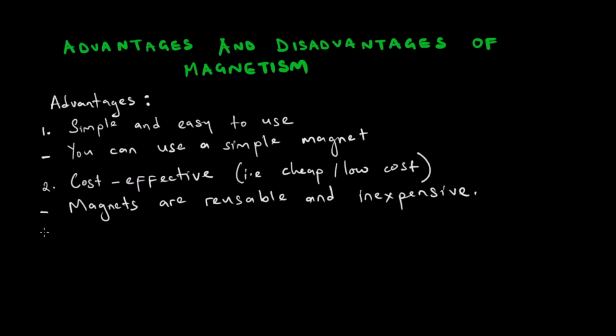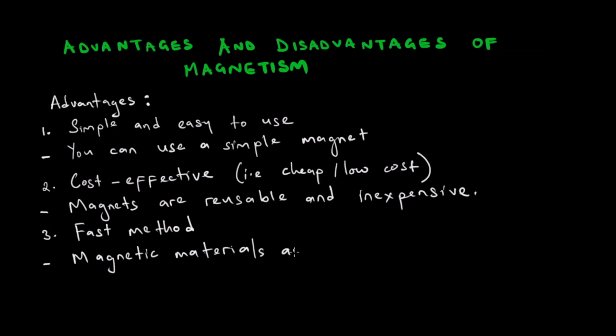For our third advantage, we can say it is a fast method. Its quickness is that magnetic materials are separated quickly, almost instantly. When you bring your magnet close to a mixture containing a magnetic material, you see the iron filings rising on their own towards the magnet, leaving the dust clear. So this is an important point.